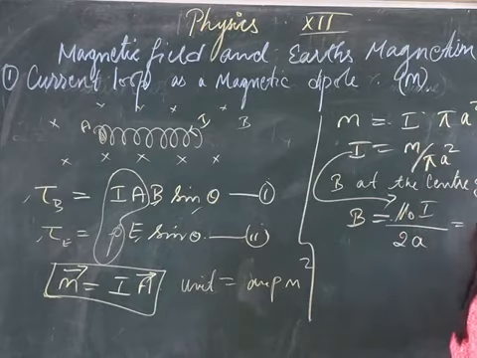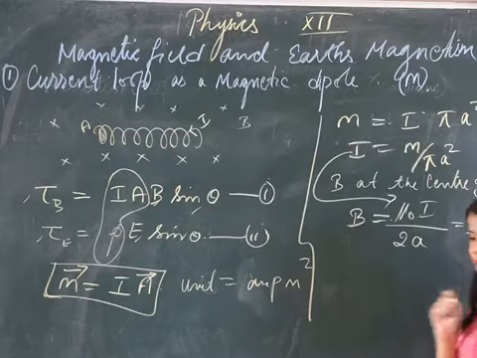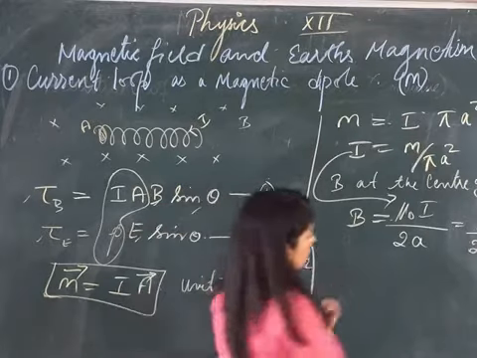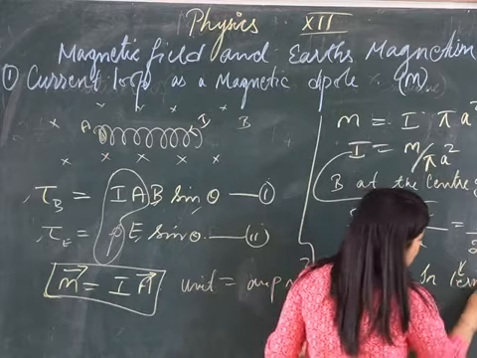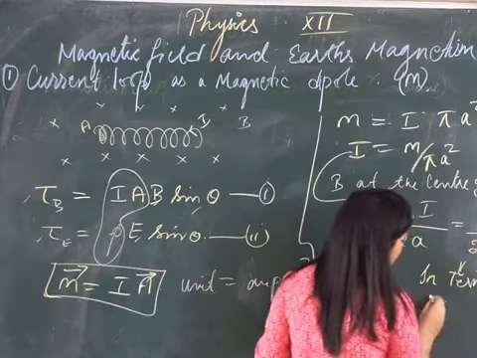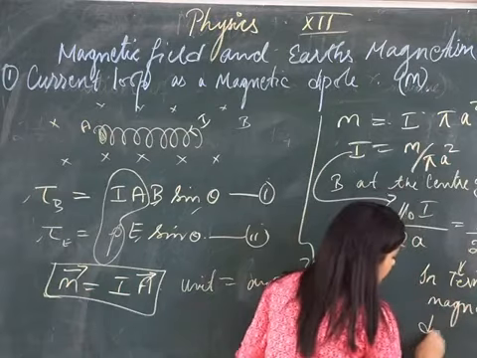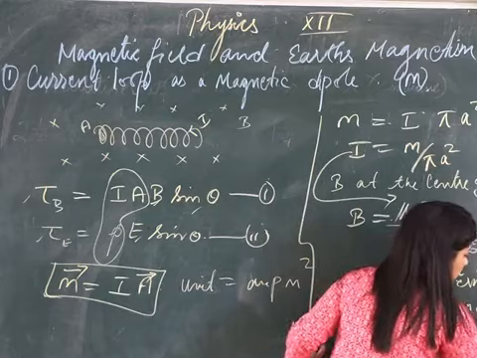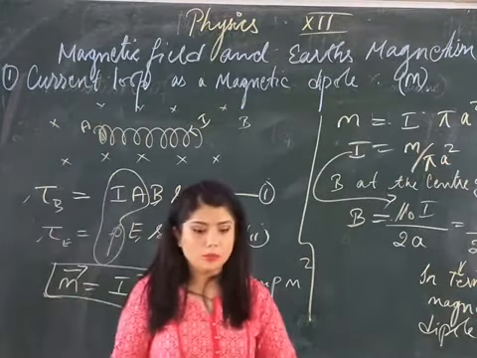So this becomes mu naught M divided by 2 pi a cube. This is what we get. This equation is in terms of magnetic dipole moment.